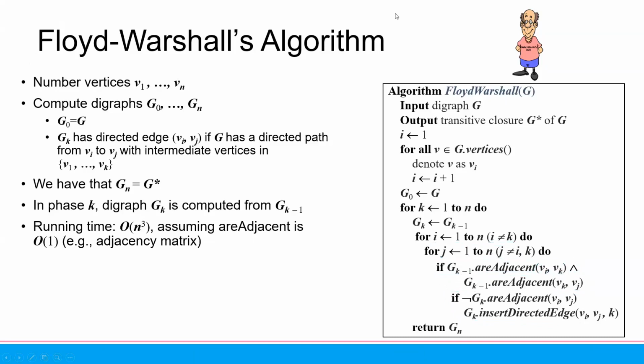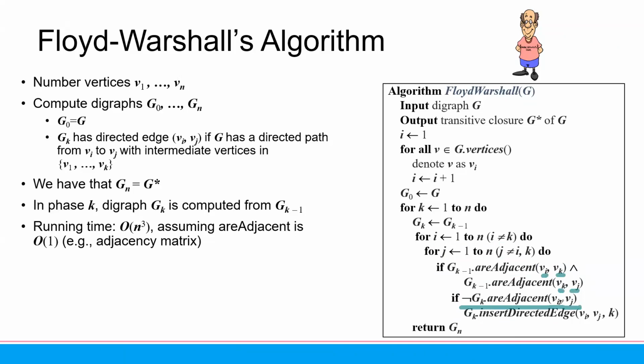If vi and vj are not adjacent, okay, so vi and vk and vj, they are adjacent.